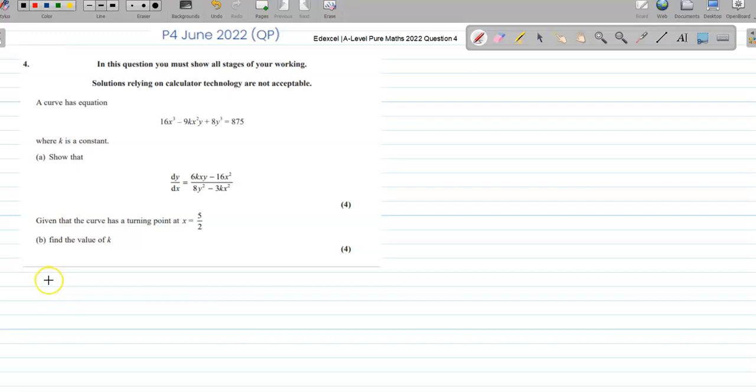So I'm going to write out the equation of the curve. So for part A, we have the equation. So when we differentiate this, we get this here.